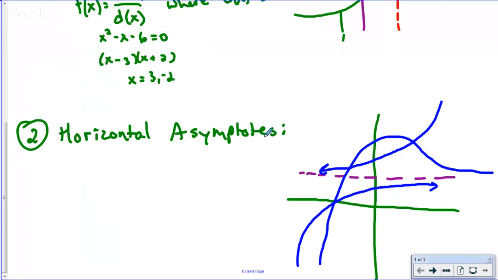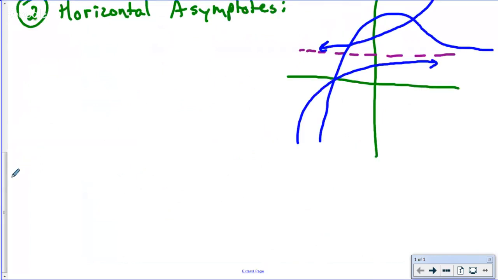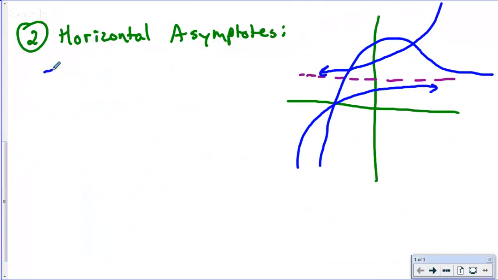So how do I find these horizontal asymptotes? Well, there are 3 cases. Number 1, if the degree of the numerator is less than the degree of the denominator. We're going to use n as the degree of the numerator and d as the degree of the denominator.